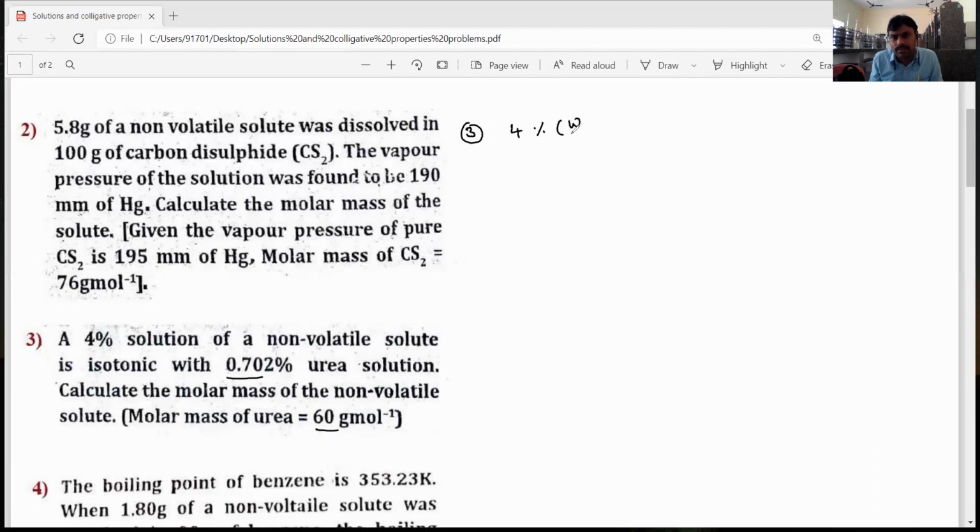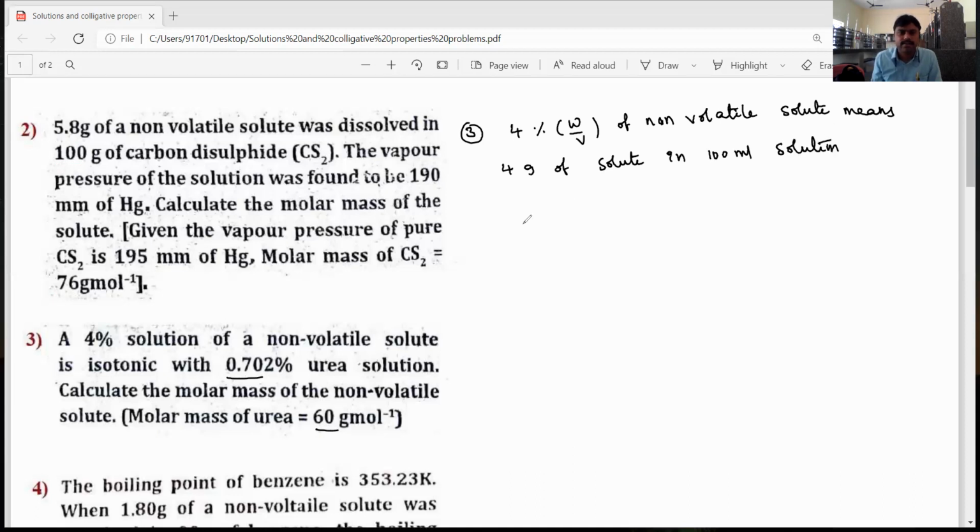So 4% weight by volume of non-volatile solute means 4 grams of solute in 100 ml of solution.